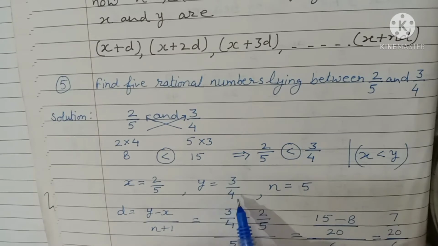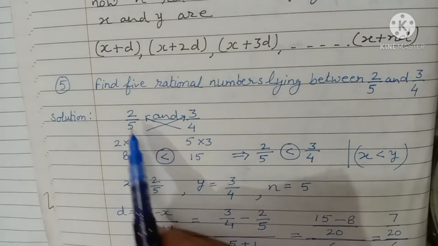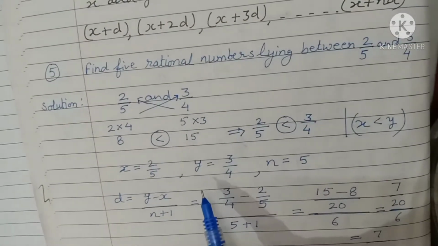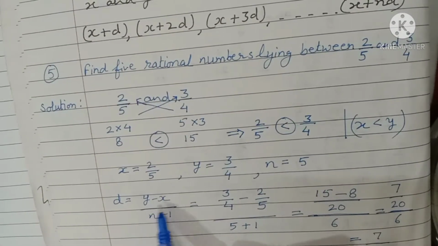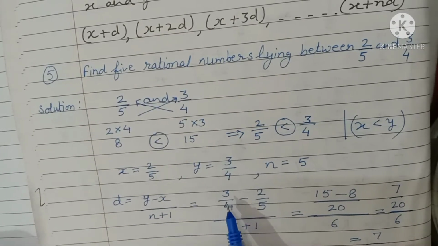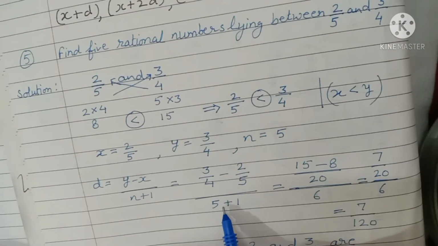Now put these values in the formula. We have to find 5 rational numbers, so n will be 5. d is equal to (y minus x) upon (n plus 1). Put the values of y, x and n equal to 5.